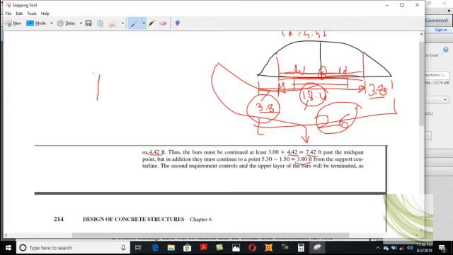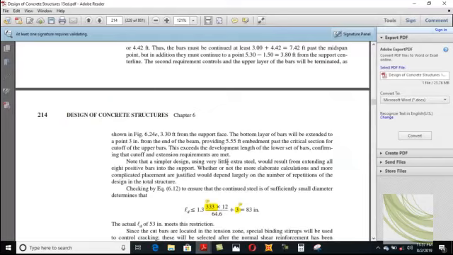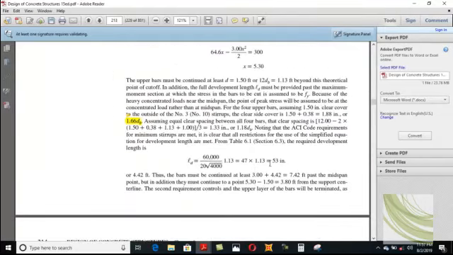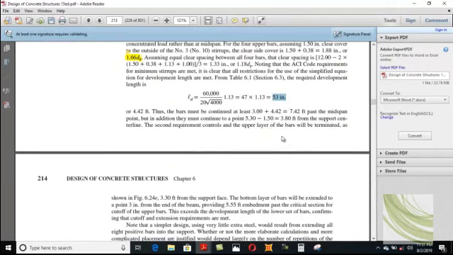The 6 inch extra space is available. So this 6 inches plus 3.8 gives you a total embedment length of 51 inches, and your development length comes out to be 53 inches. So this is very close.